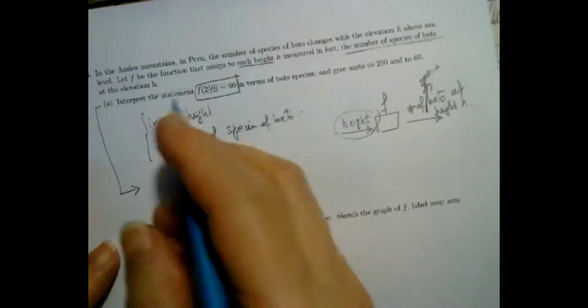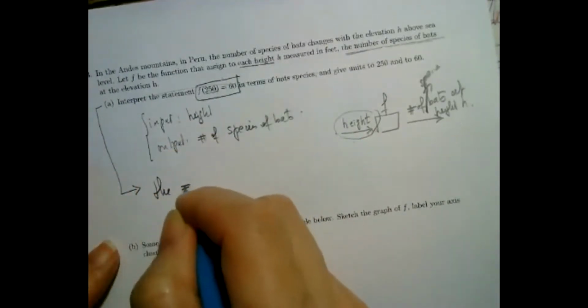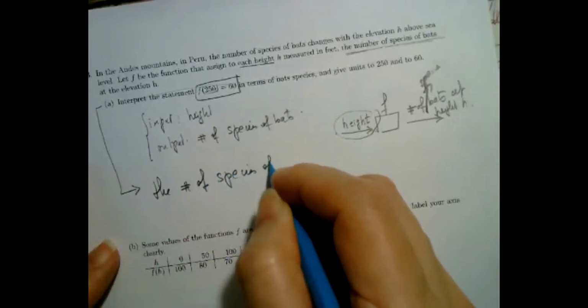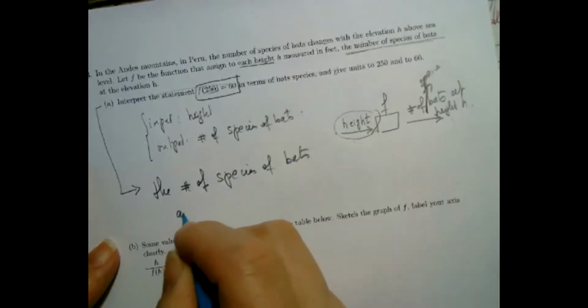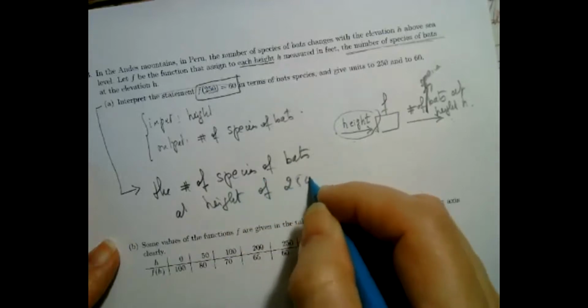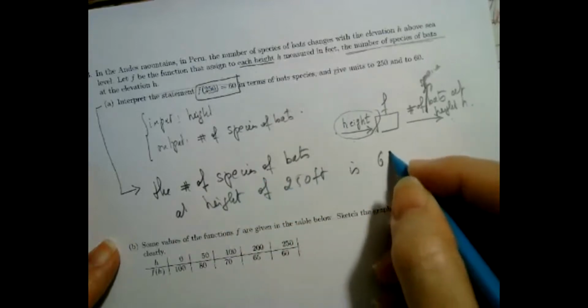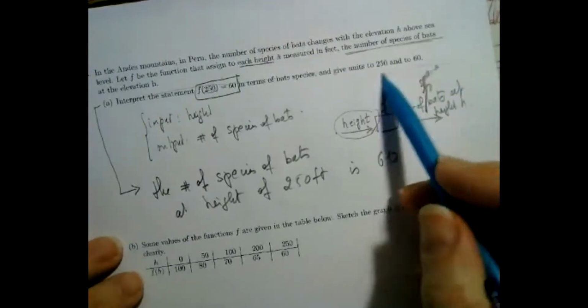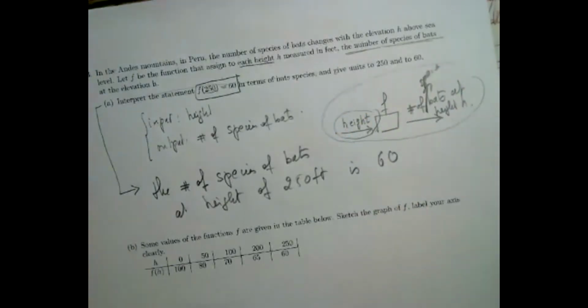So f of 250 means that the number of species of bat at the height of 250 feet is 60. So if you are at the height of 250 feet, you can find 60 species of bat. Are you with me? Okay, so that's really the idea. Whenever you have a function, you have to analyze what this function is doing and what info it is giving me.